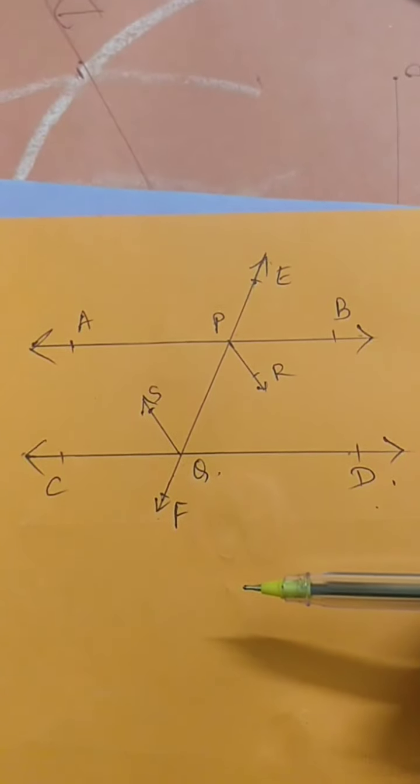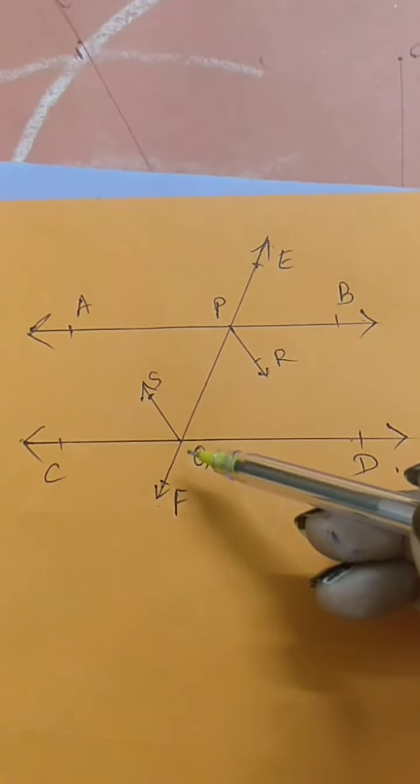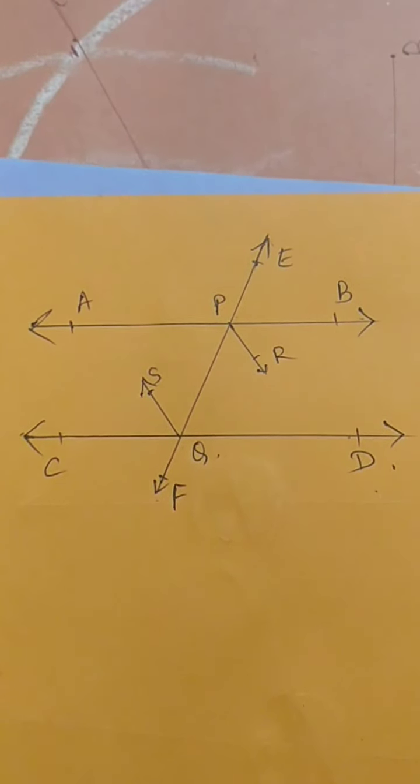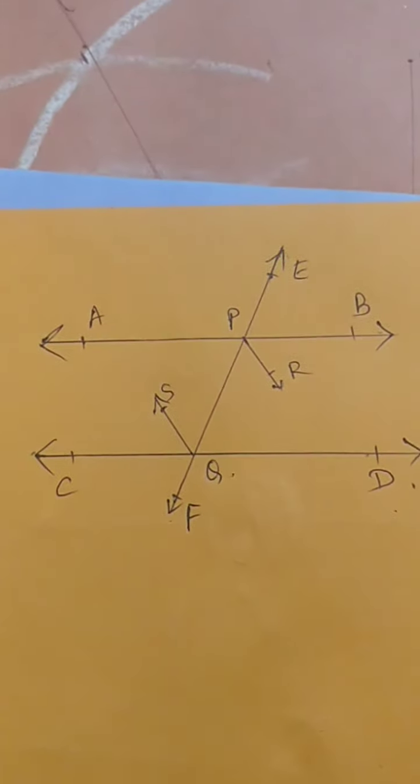Okay, so we need to prove that this line AB and this line CD is parallel. Okay, first we will write given and to prove.